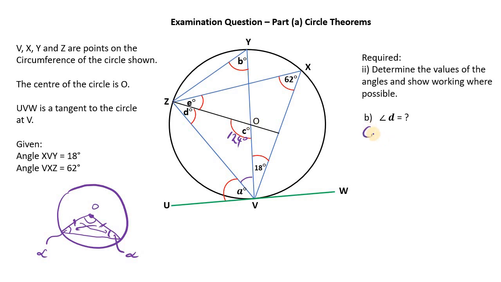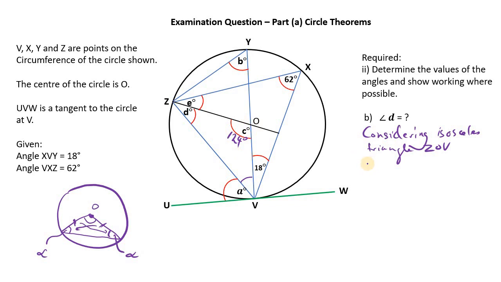So considering isosceles triangle ZOV, we can use any three letters in any particular order: ZOV or VOZ or OZV, it doesn't matter. That's a triangle. We're referring to this. Just mention the three vertices, right?